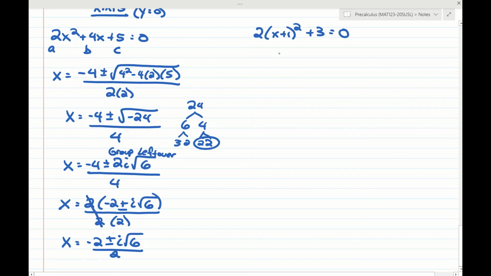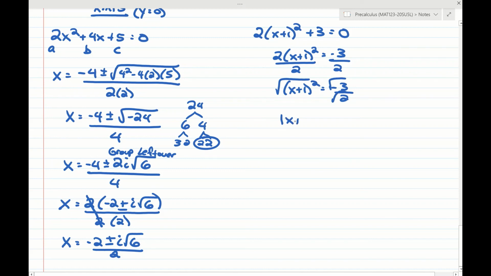We should get the same thing using vertex form. So let's bring the 3 over. Divide by 2. Take the square root. Remember, this turns into absolute value because you're taking the square root of something squared, or an even root of an even term, and you get x plus 1 to the first.